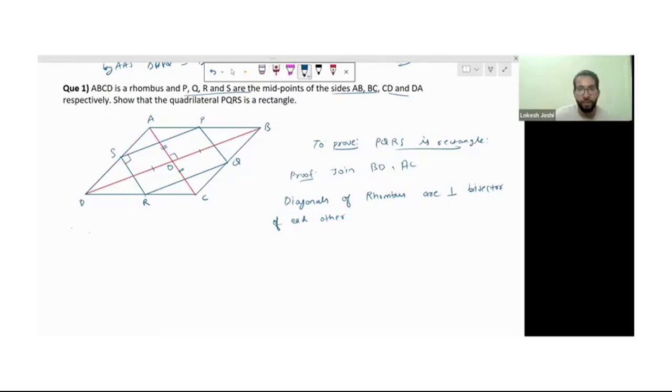Now look into triangle ADC. Can we say S and R are midpoints of AD and DC? S is the midpoint of AD and R is the midpoint of DC.